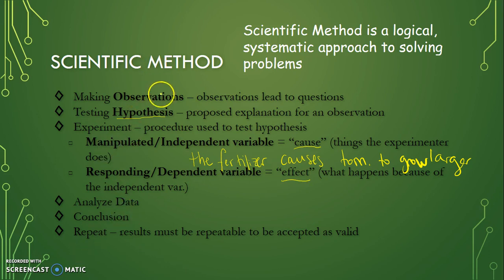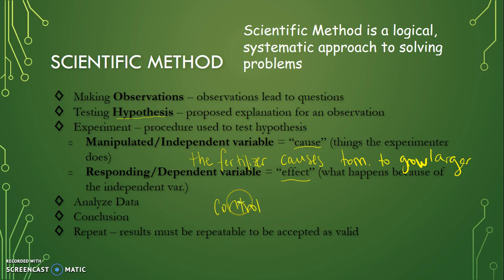And then obviously after you observe and come up with an explanation, you test it using these variables, like you create a process to do it. Then you have to analyze your data, draw a conclusion, and your results have to be repeatable. If it's not repeatable, it's not valid. So here's your steps. One of the things that you need to do too is make sure that you have a control in your experiment.